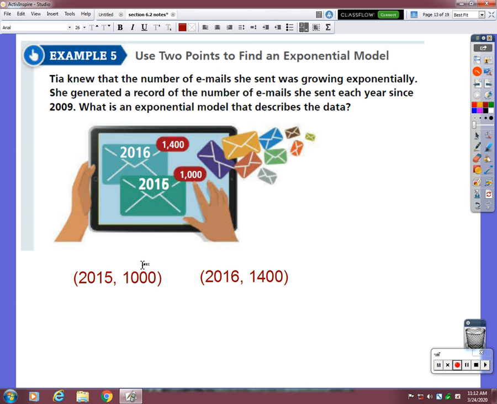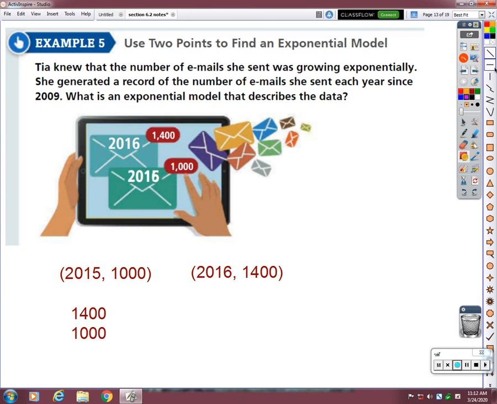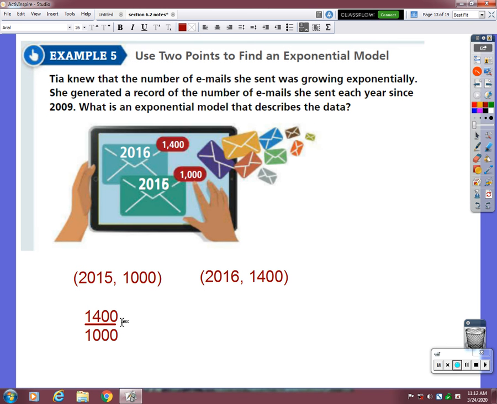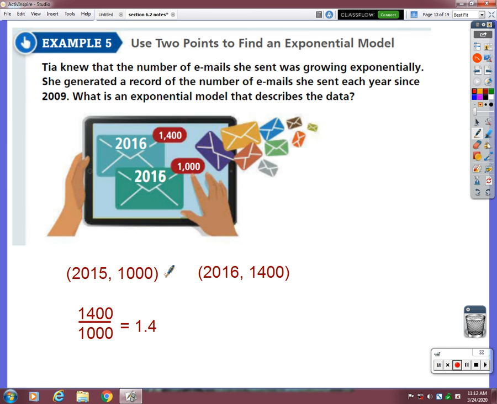If I just divide the number of emails sent in the successive years, 1,400 divided by 1,000, then I get 1.4. So that means that the amount of emails that Tia is sending is multiplied by 1.4 every year.